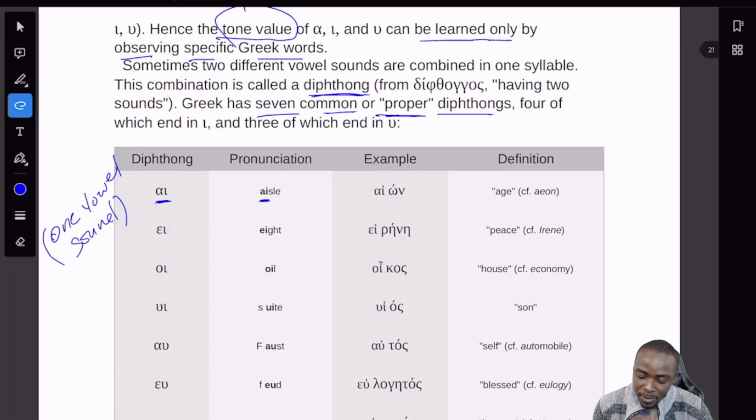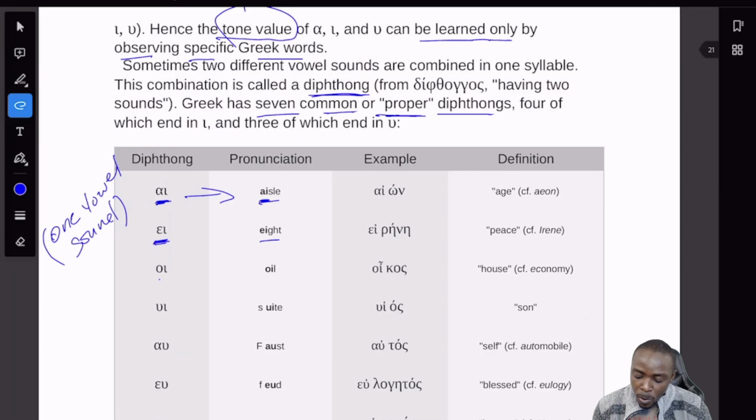So even though you have alpha iota, you don't say A-I, you just say isle. Even though you have epsilon iota here, you don't say E-I, you just say eight. So these 2 vowels come together to form one sound. Whenever 2 vowels combine to form one sound, we refer to that as a diphthong.